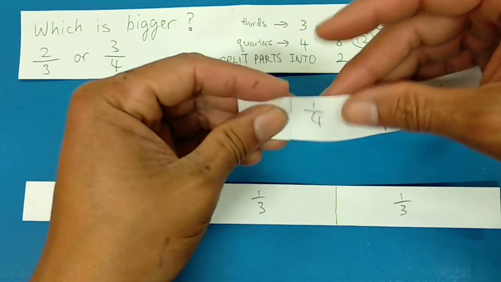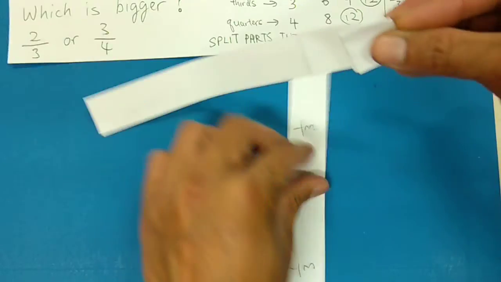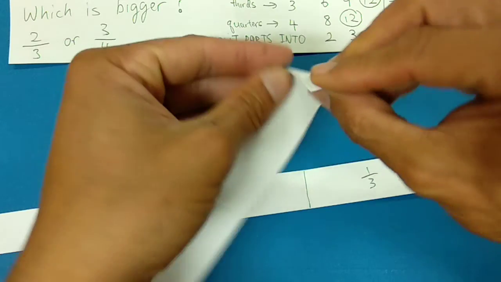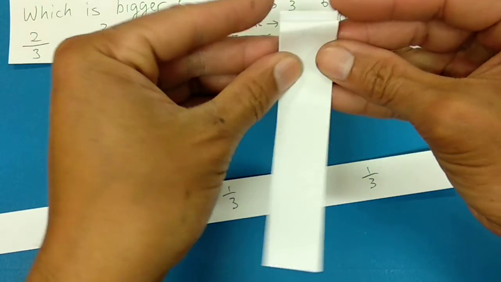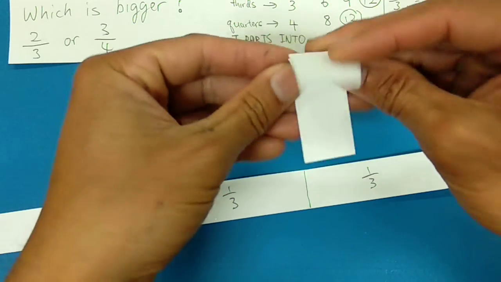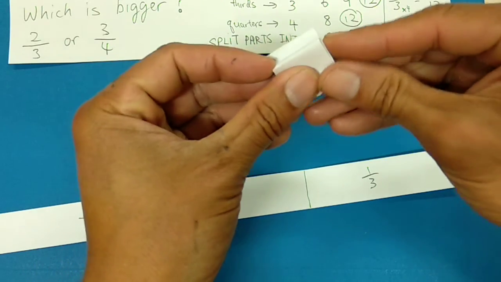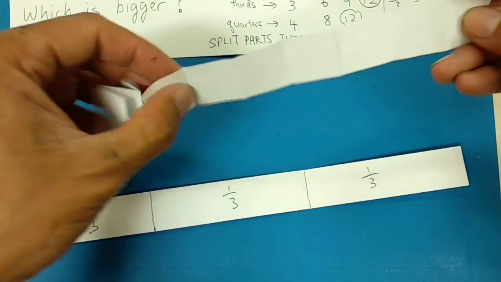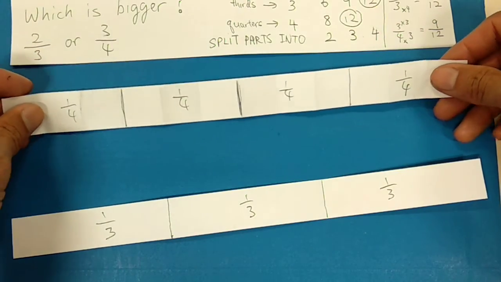So once that's done, all right. So now I have a total of 12 parts.